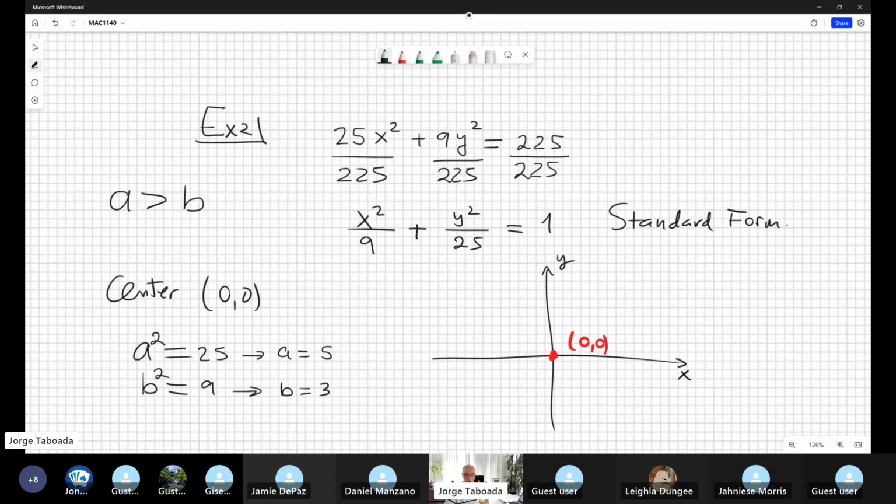By the way, the vertex is at distance 5. That point would be 0, 5, and in the opposite direction 0, -5. This is my major axis. How do you know that the major lies on the y? Because 25 is the bigger number. And there's a 3 here and 3 here. So this point would be 3, 0, and this is minus 3, 0.